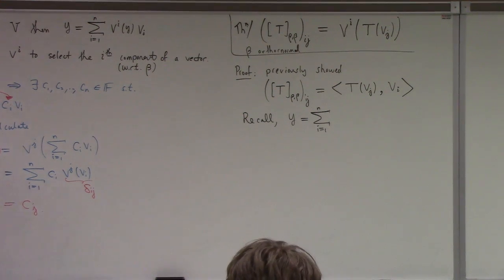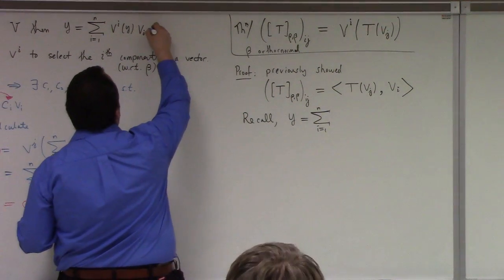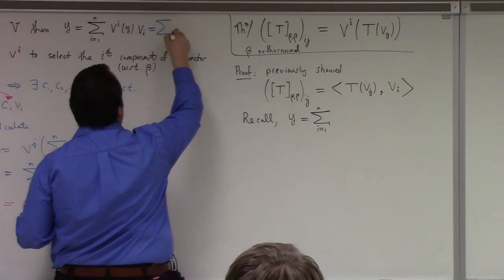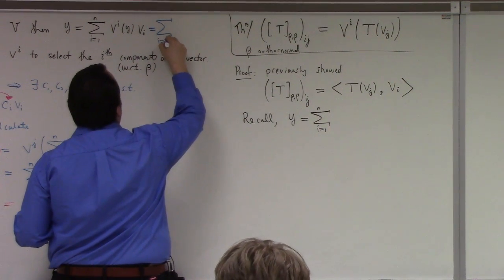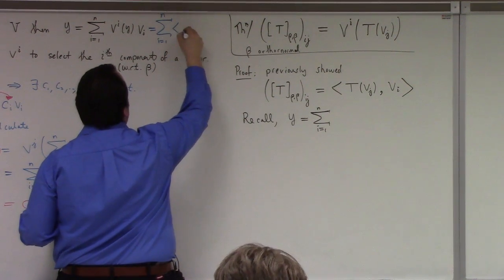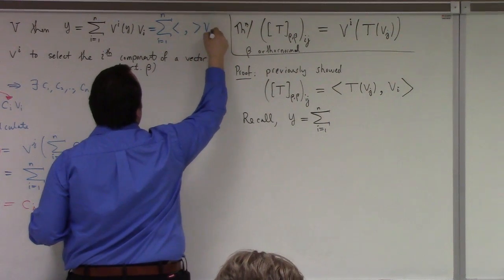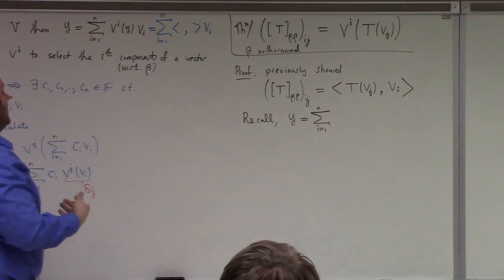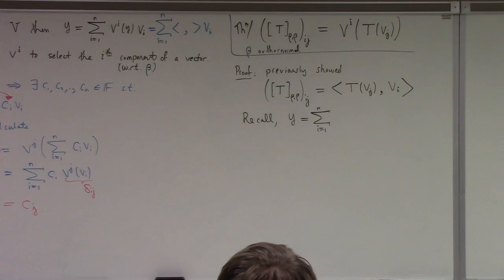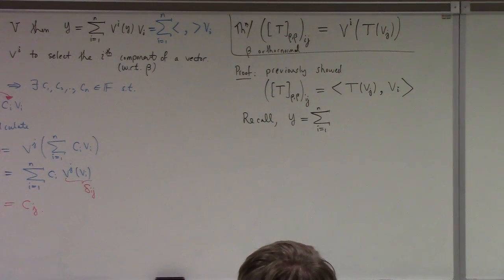This is also equal to what we learned before. In terms of inner products, what was this, assuming that beta is orthonormal? Let us agree the basis beta is orthonormal through this lecture. Okay.